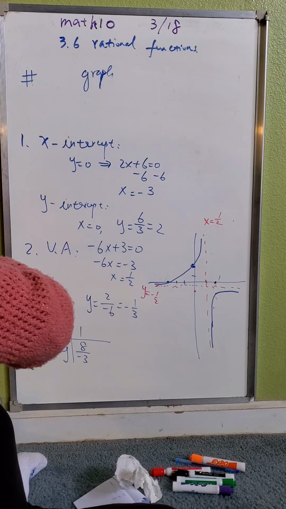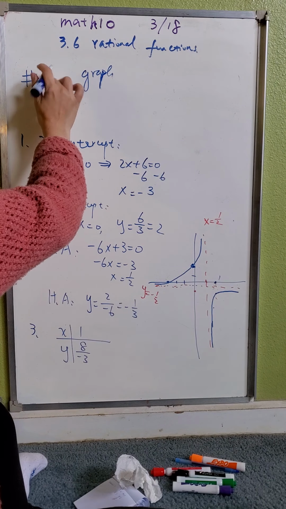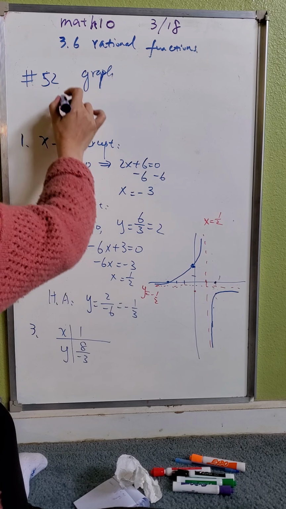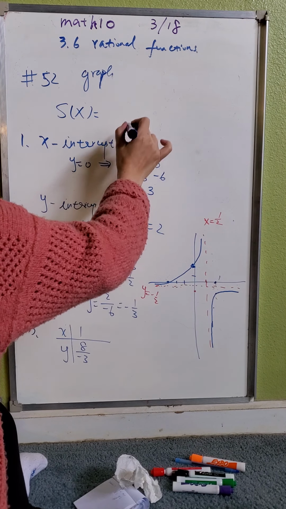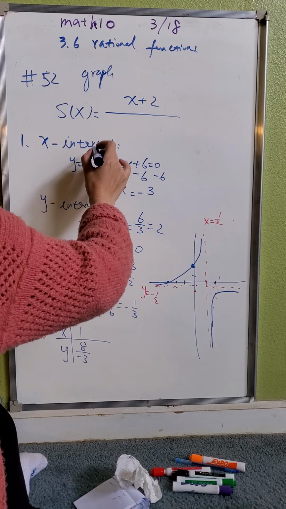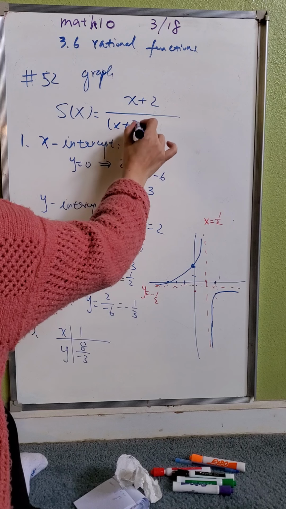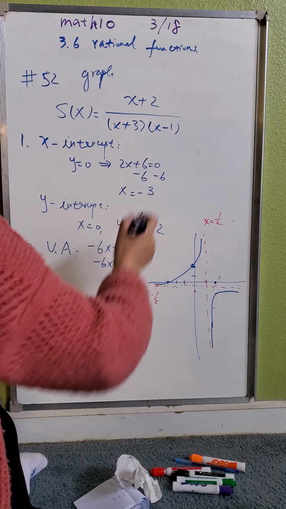This time we're going to graph y. This is 15.2. As y equal to x plus 2 over x plus 3 and then x minus 1.